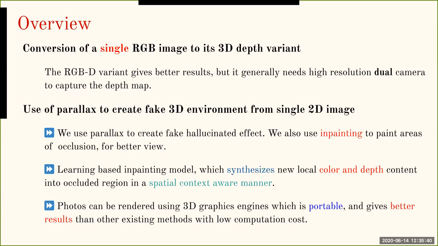The farther layers, which are lying at the back, will have the slowest movement, and the layers in the front will move very fast. So we will use parallax to create a fake 3D environment from a single 2D image. This parallax effect creates a kind of hallucinated effect. So this will create an immersion in 3D.